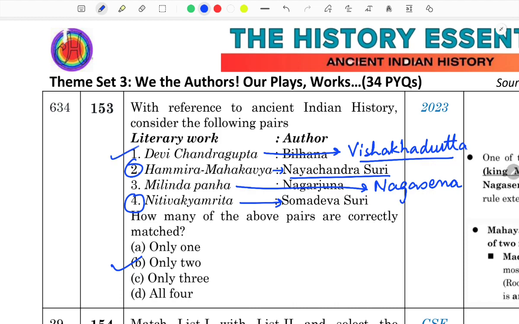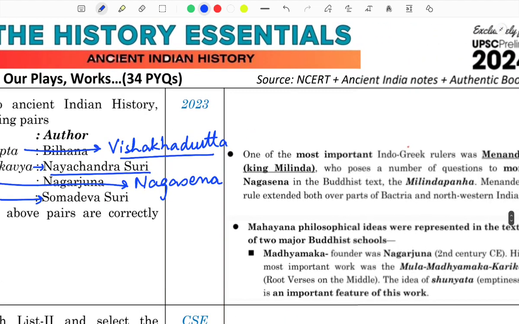But these two, Milindapanha and Devi Chandragupta, are absolutely mentioned in your notes. So on the basis of this, I think you can get the answer. Only 2 were correct, but there was no scope of taking help from the options, so the question was tough.